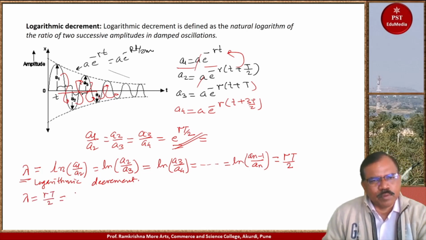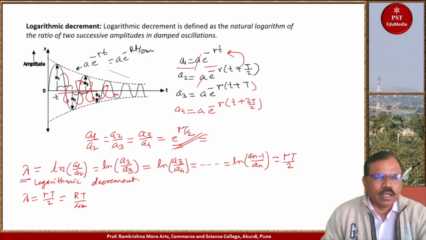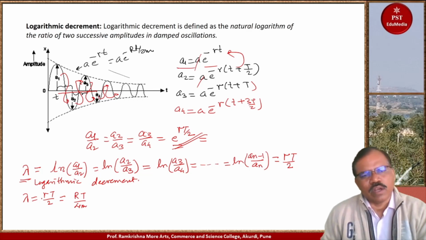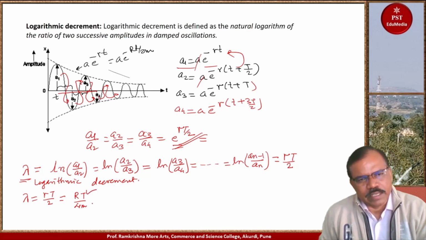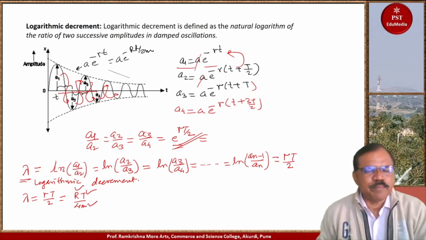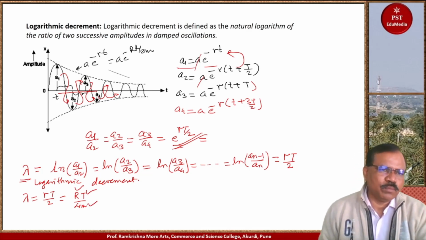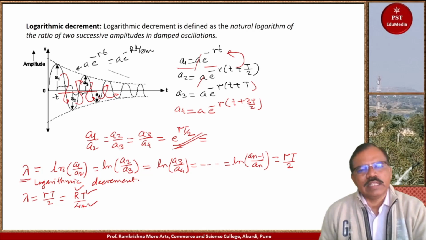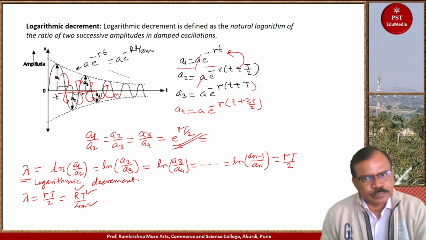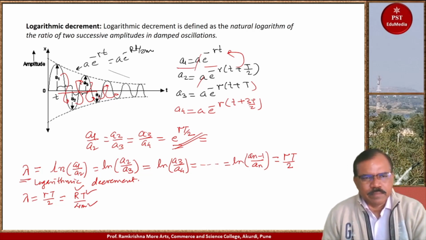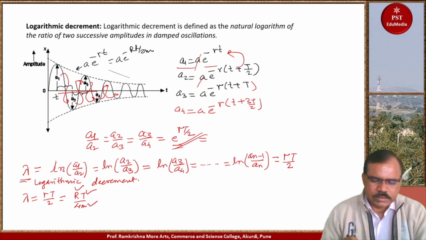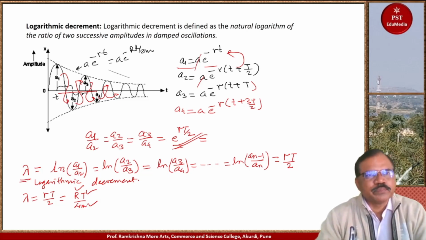Gamma is r upon 2m. So you will get rT upon 4m. So lambda, that is logarithmic decrement, depends on period, mass and damping coefficient. When damping coefficient is large, logarithmic decrement is large. This is about logarithmic decrement.